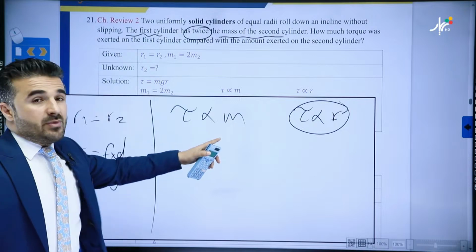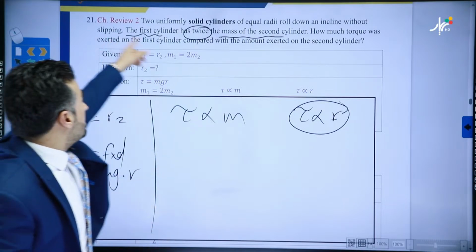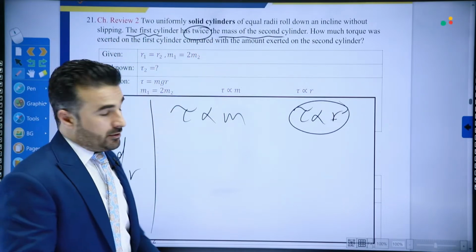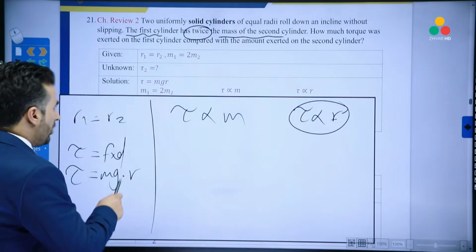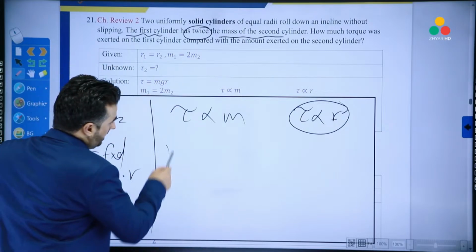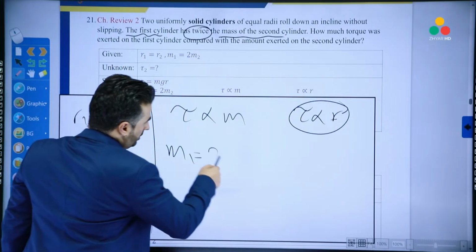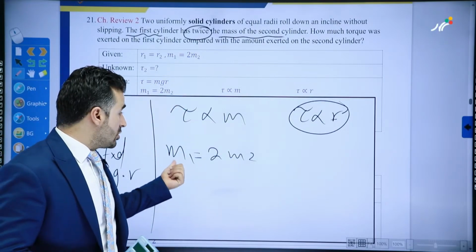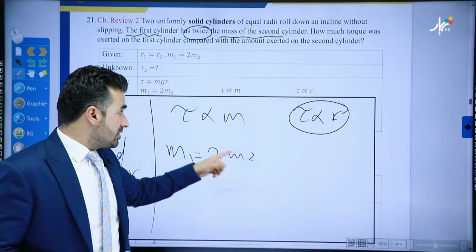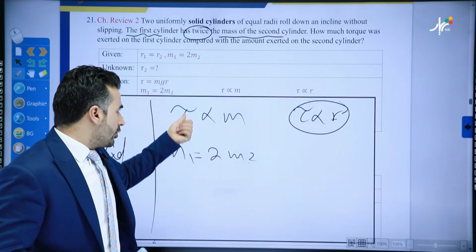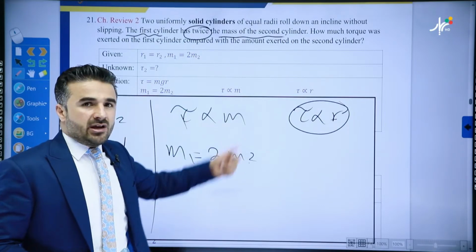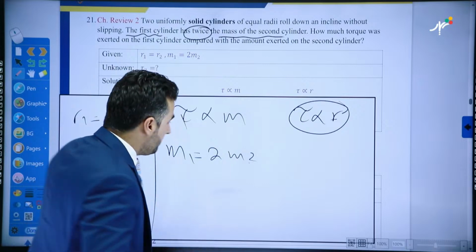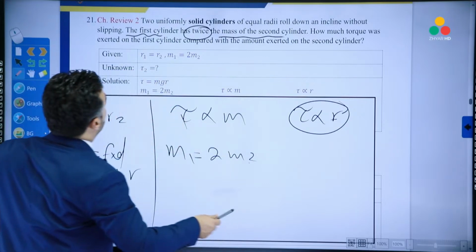But in terms of the mass, the first cylinder is twice the mass of the second cylinder. So we can say m1 equals 2 times m2. If that is the case, can we say the torque on cylinder 1 will be twice as big as the torque on the second cylinder? That will be correct.